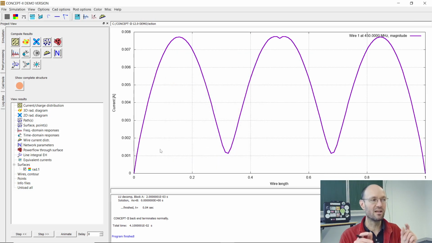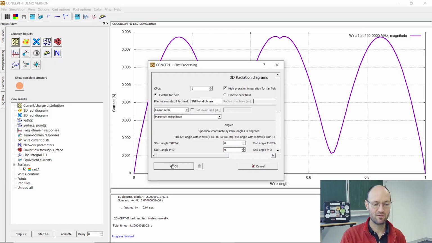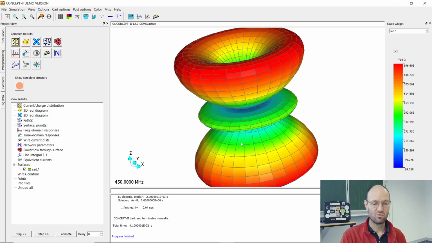So it's a little bit like if you have many small dipoles along the long dipole, and all of them radiate and they interact with each other, or each of them creates its own field, but they are somehow superimposed with each other.